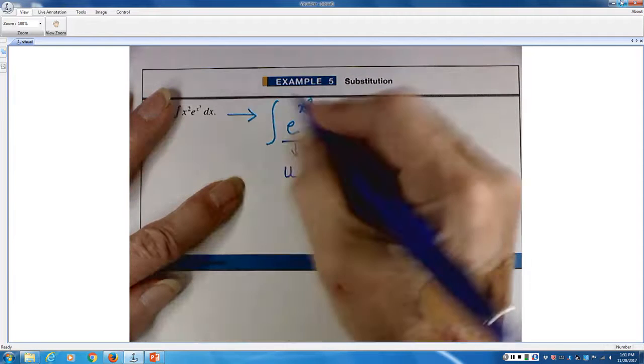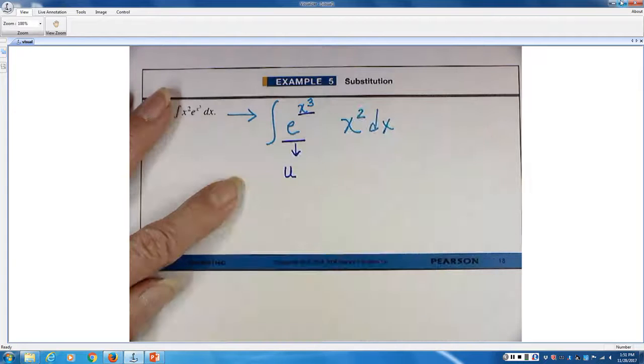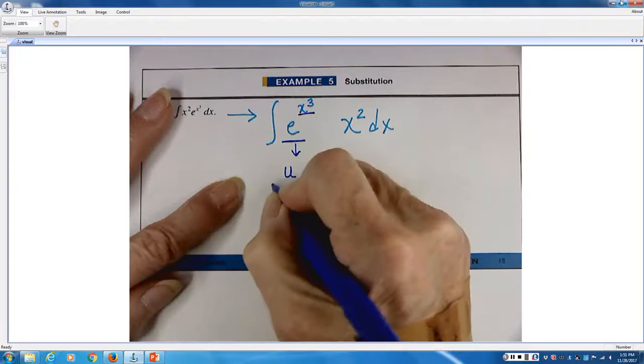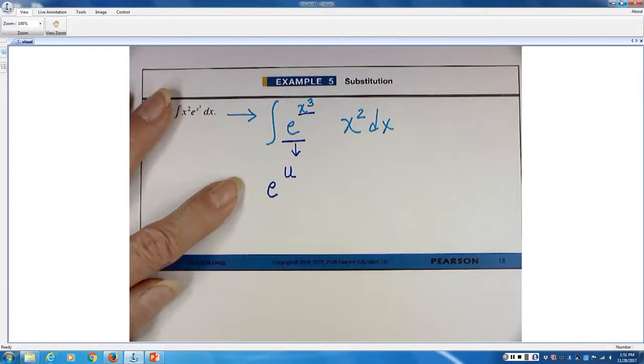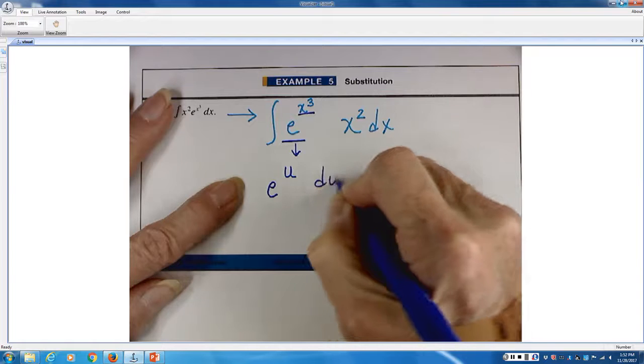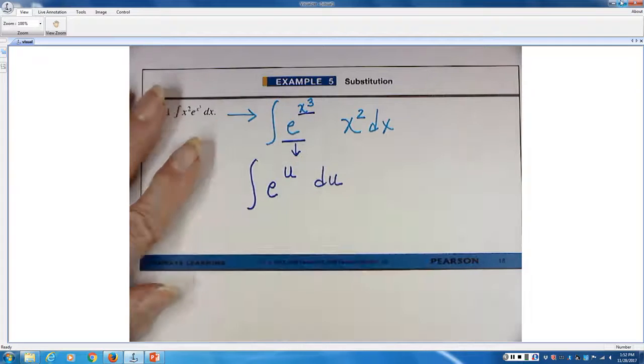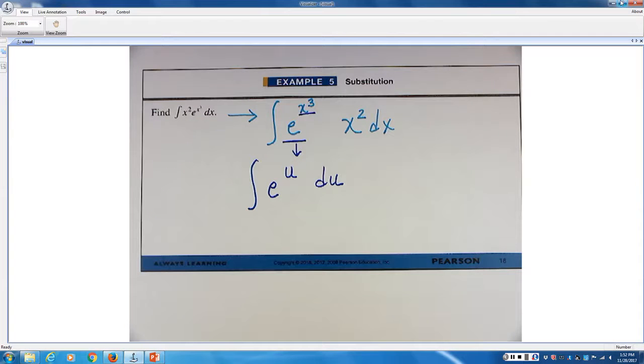So actually what this is, since this is the function, it's actually being used as a power on e, it's going to be the integral of e to the u and then the derivative of u. So the reason we need to specify that is because we need the derivative of x to the third.